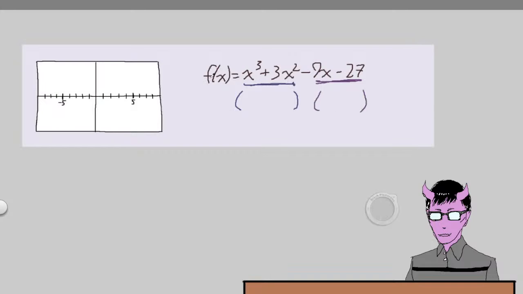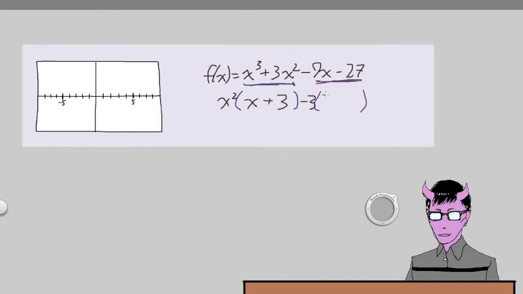Alright. From the first two terms that we've grouped together, they have x squared in common, so let's factor out x squared from those two. Very good. Dividing by x squared gives just x to the power 1. Dividing by x squared gives just positive 3. Nice. And then from those two, we have a negative sign and a negative sign, so we could factor out negative 3 from both of those.